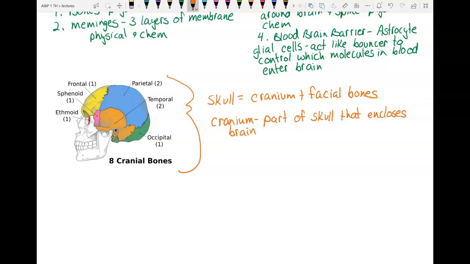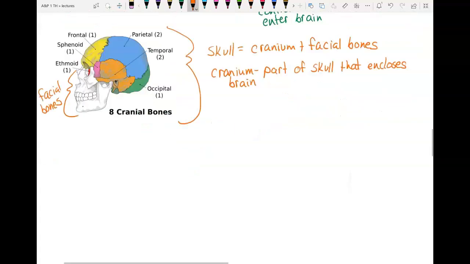So in this picture, the cranial bones are colored in, and then what's left plain white here is your facial bones. So skull is a more inclusive term. It includes the cranium and the face, and cranium is just the part that's around your brain. And these bones provide physical protection of that soft, squishy brain.